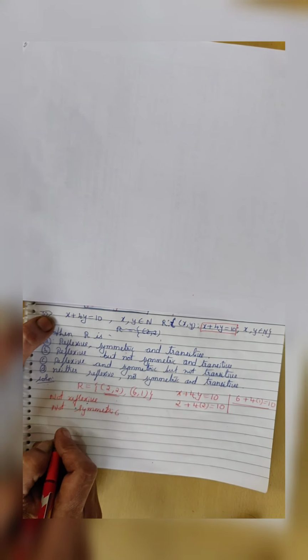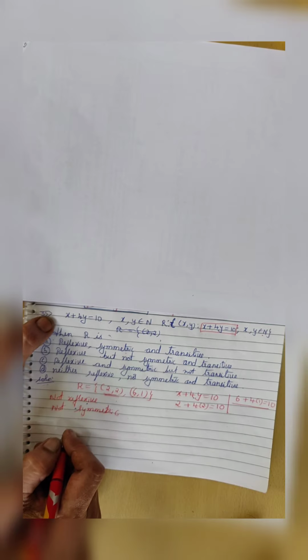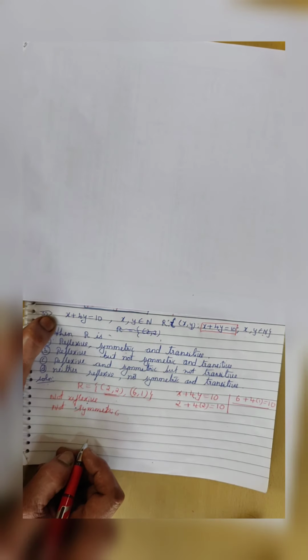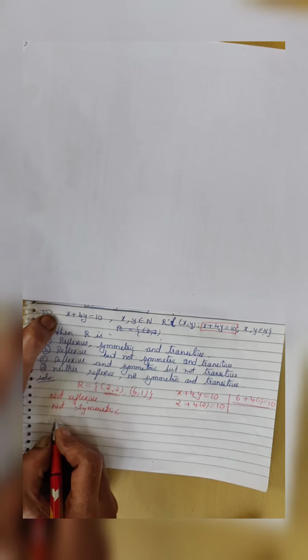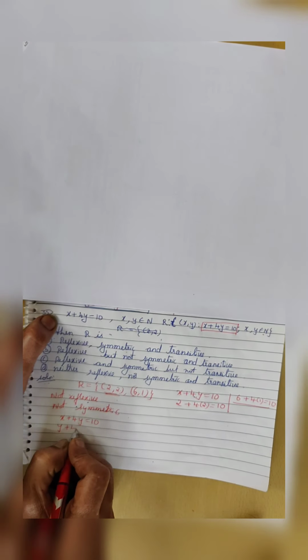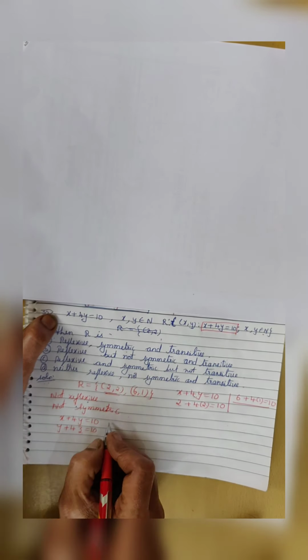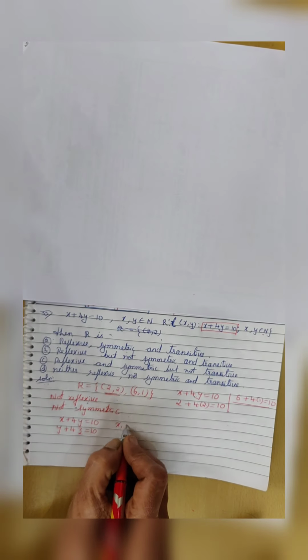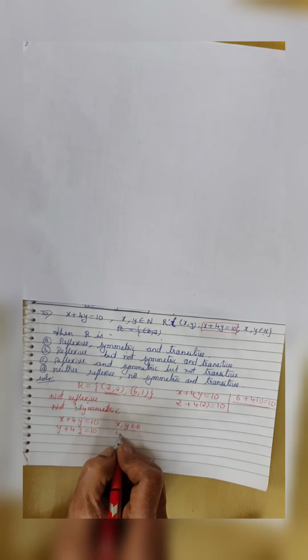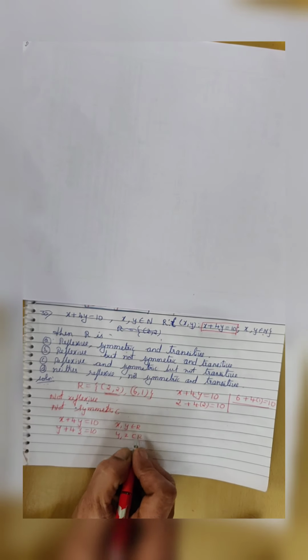And then let us check whether it is transitive or not. Definitely, we will take a look at it, like x plus 4y is equal to 10. And we will take another one like y plus 4z is equal to 10. Since we have here (x, y) belongs to R and (y, z) belongs to R. If you take in this way, now let us substitute this. Let me take it as 2, this let me take it as 1.